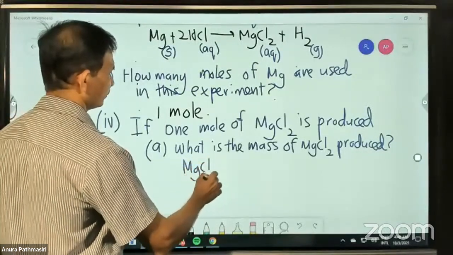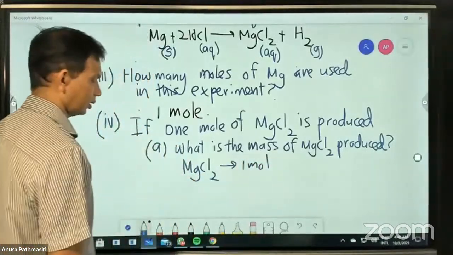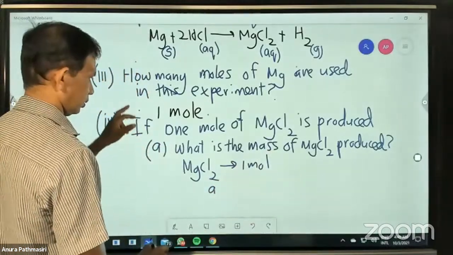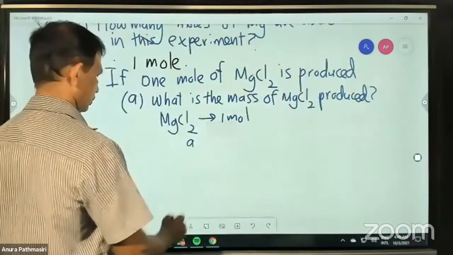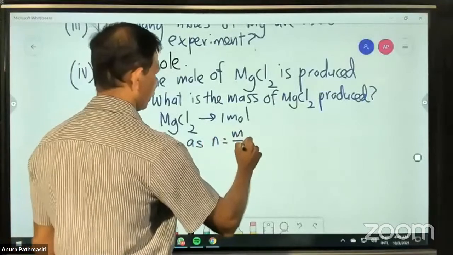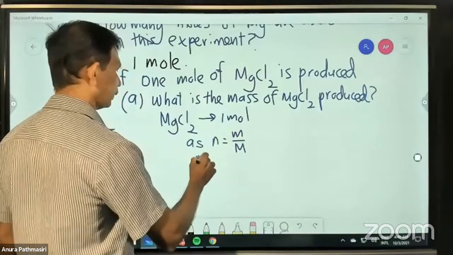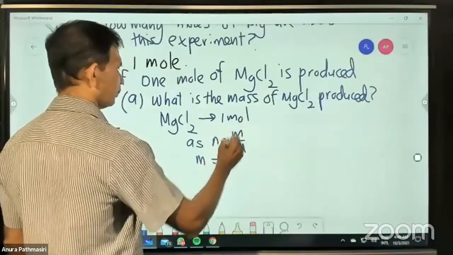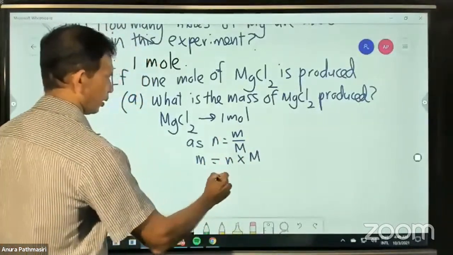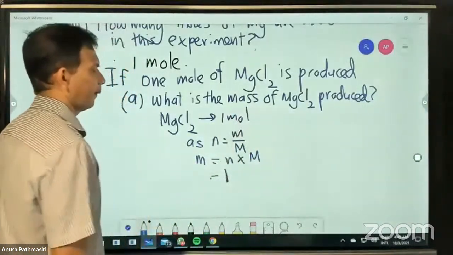Yes, 1 mole of magnesium chloride is produced, as n equals m over capital M. Given m, it's asking m equals n times capital M. Simple n is 1 mole.